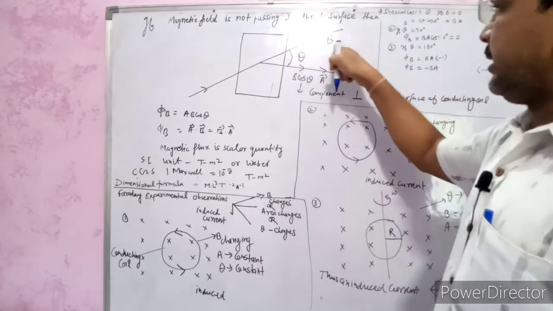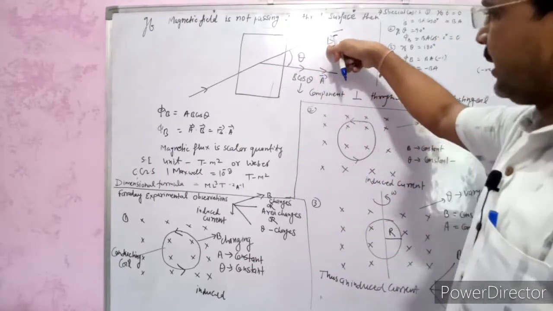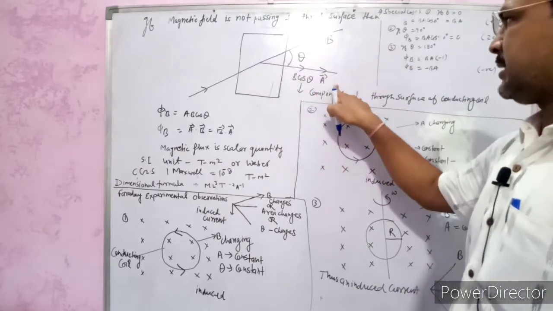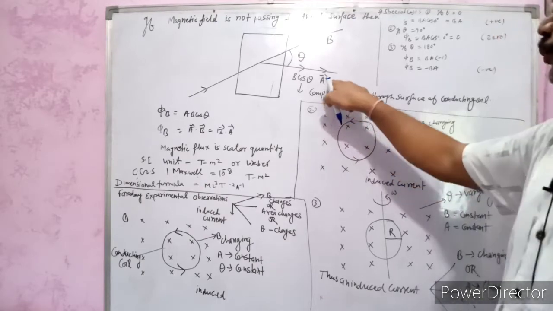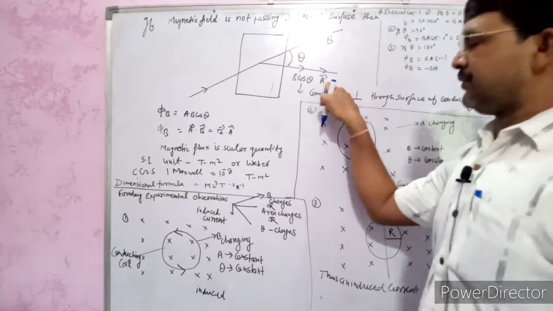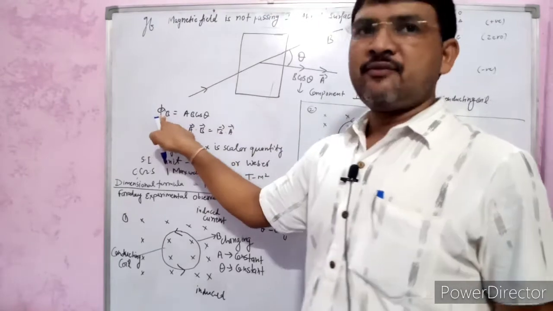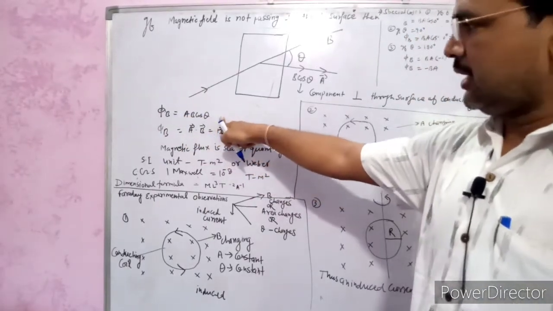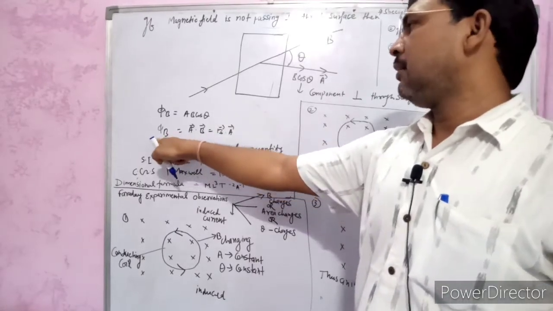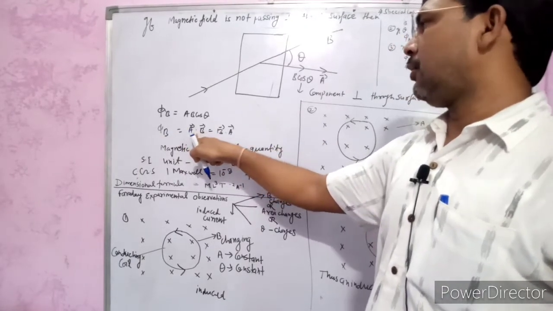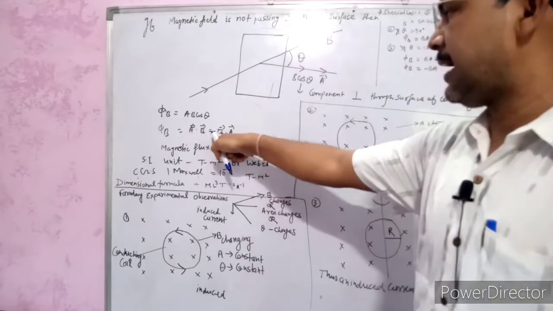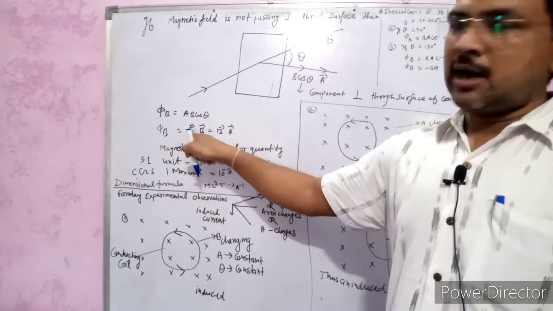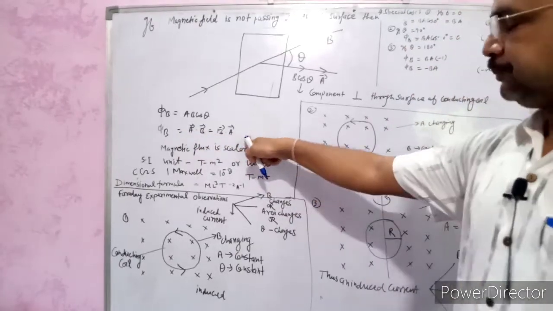Here we take the cos component of the magnetic field, which is passing perpendicular through the surface and parallel to the area vector A. Thus magnetic flux phi B is equal to AB cos theta, or it can be written phi B is equal to B dot A. Also it can be written A dot B. Why? Because dot product is commutative.